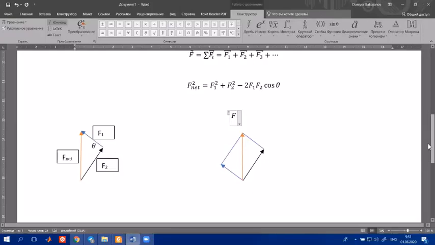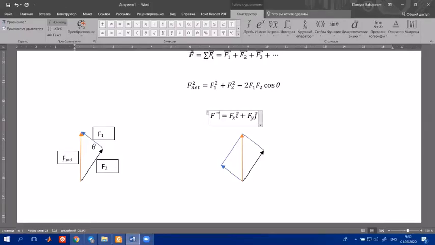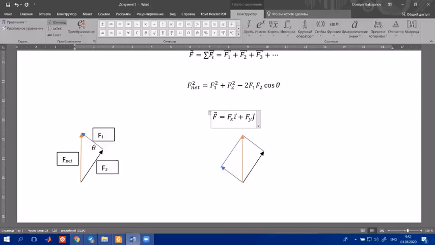So any vector F can be written as Fx unit vector i plus Fy unit vector j. What are this i and j? I think you know from algebra, these i, j vectors are called unit vectors. For example, if we consider F net, this net force, or vector F1, let's consider this vector F2, for example.